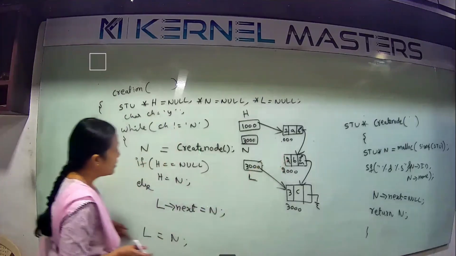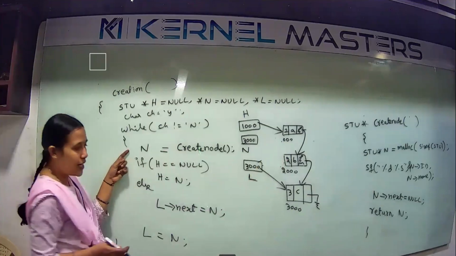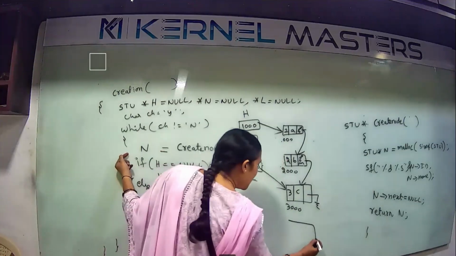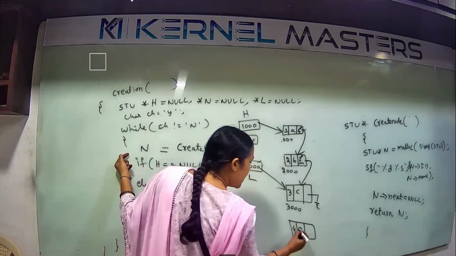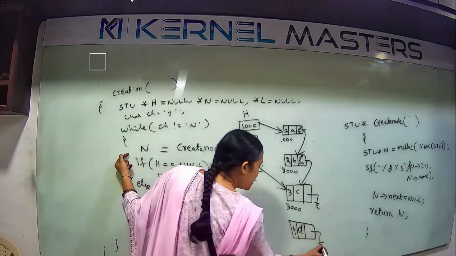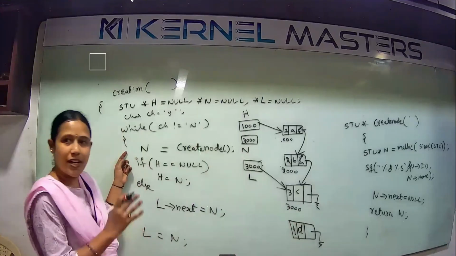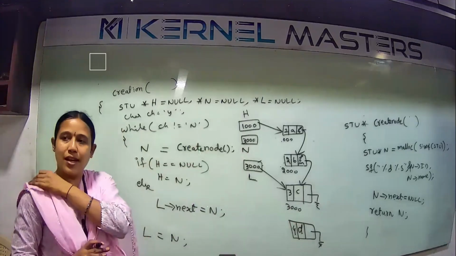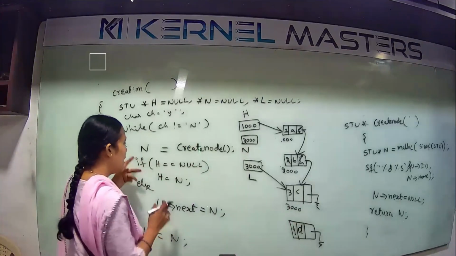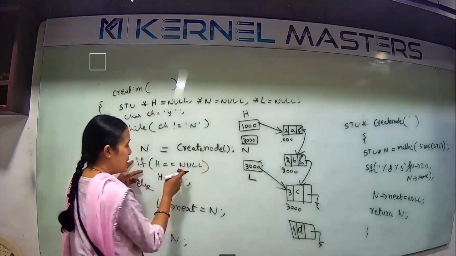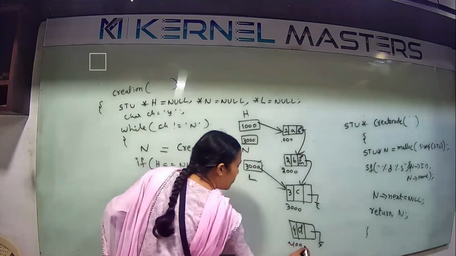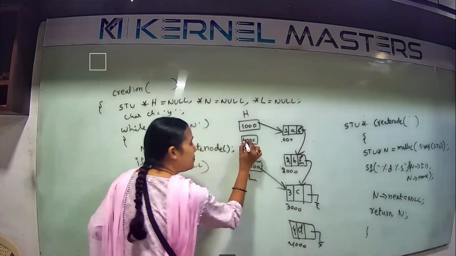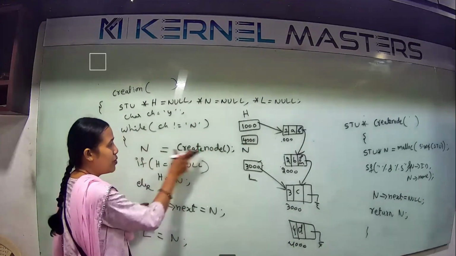Okay. Again, next iteration. Create new node. Create another node. This is the data. Next member is null. Whenever a new node is created, next member is null by default. Okay. Then head is equal to null is false. Go to else case. This is address 4000. Create node has returned 4000.